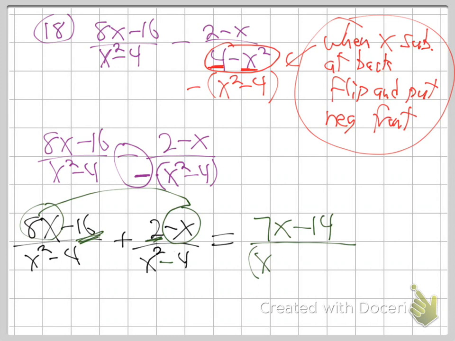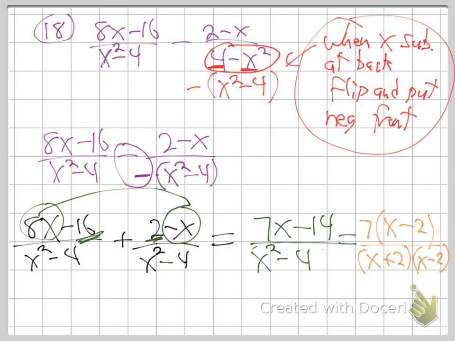And the bottom we can factor, can't we? x plus 2, x minus 2. Or here, I can take that in two steps, more slowly. We'll just keep it x squared minus 4 at first. The last step is we need to factor both the top and the bottom. Take out a 7 on the top, and factor the bottom: x plus 2, x minus 2. Am I going too fast?